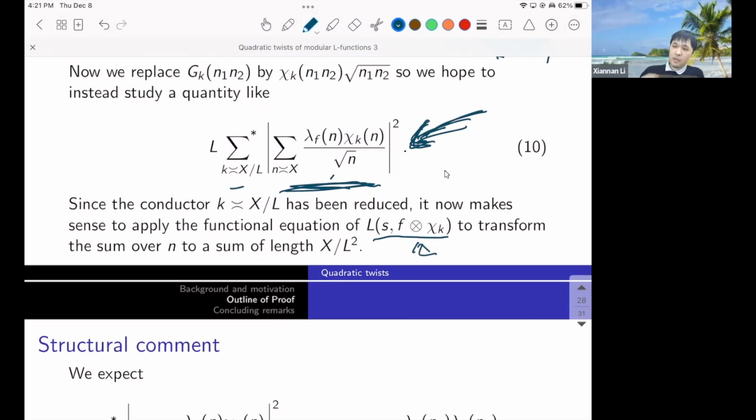Ah, yes, it is used actually. I feel like this might be morally less important, but it is used. I end up using the fact that I get symmetric square L-functions with these coefficients, and then I actually end up having to use a zero-free region for the symmetric square L-functions.